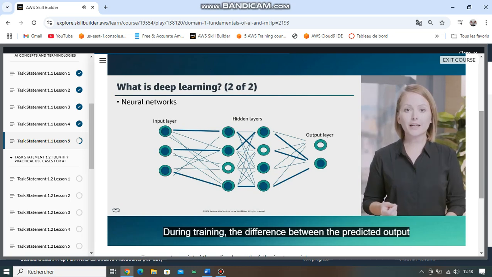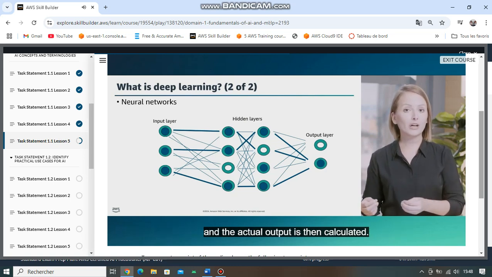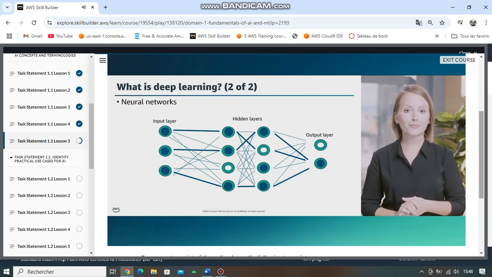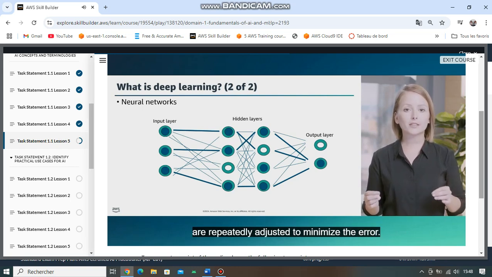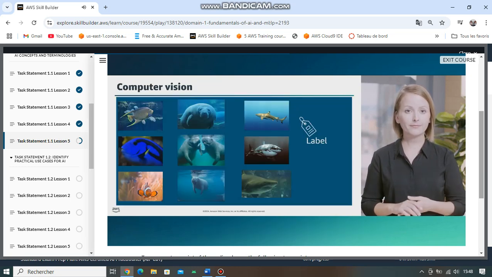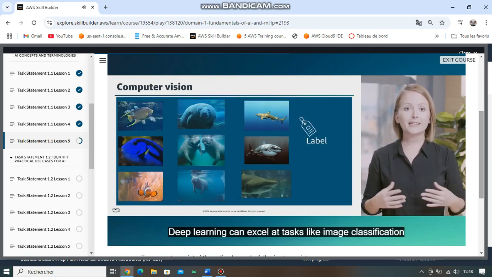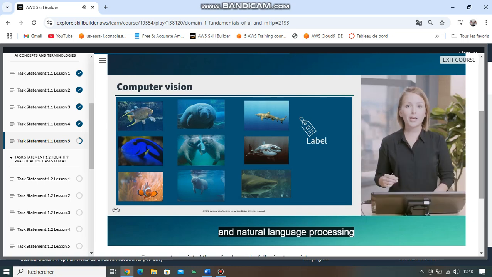During training, the difference between the predicted output and the actual output is then calculated. The weights of the neurons are repeatedly adjusted to minimize the error. Deep learning can excel at tasks like image classification and natural language processing, where there is a need to identify the complex relationship between data objects.